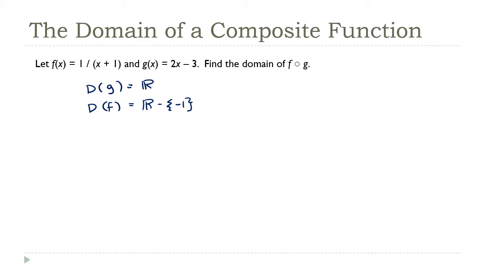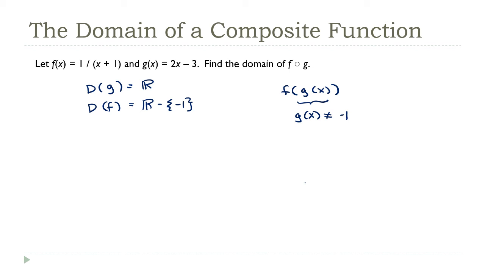We are, however, losing something off of the f, because we're talking about f of g of x, and this thing in here cannot be allowed to equal -1. So again, that means g of x is not equal to -1.